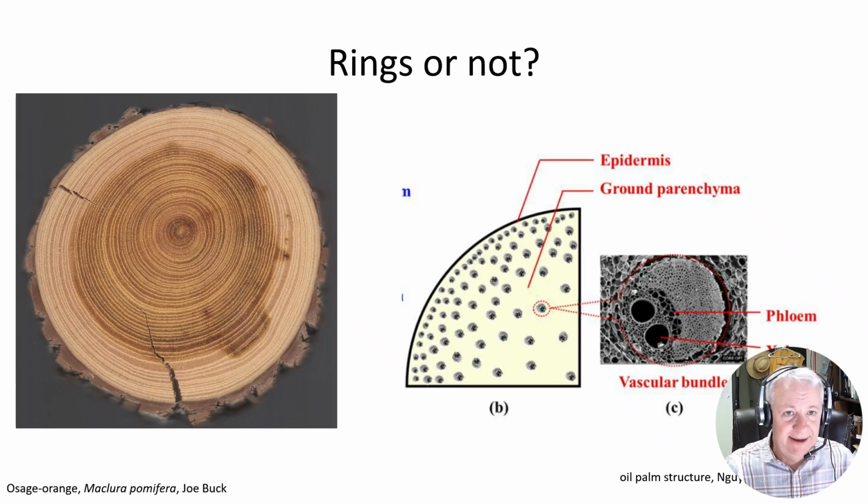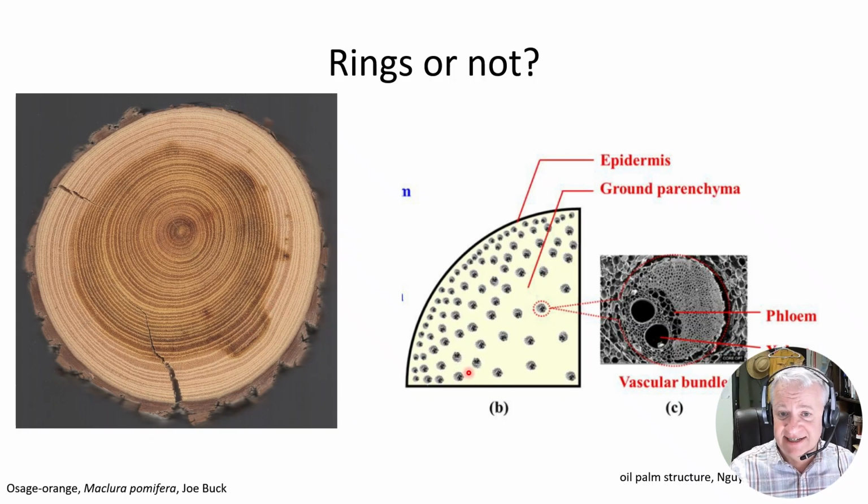The next step, so that's sort of gymnosperms. For angiosperms, if you've determined the thing has vessels, the next step is to say, does it have rings or not? You know, rings, we're used to seeing rings. This is what rings look like. If the thing has rings, then it's a dicot angiosperm.